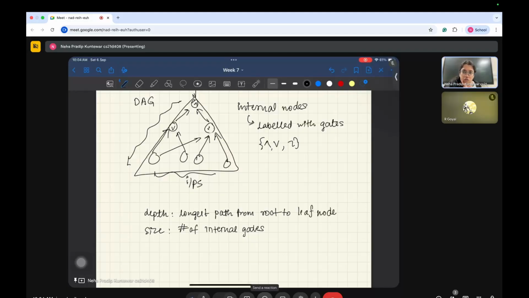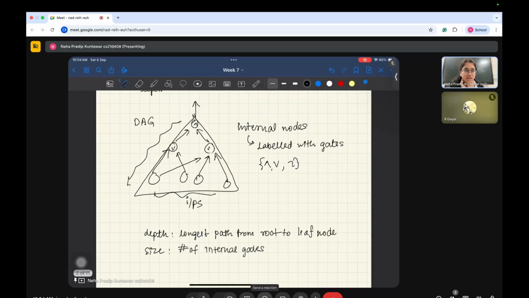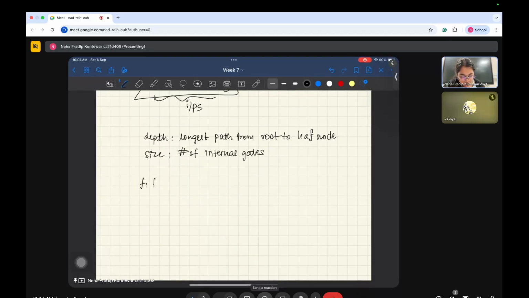Okay, so we know that circuits are a universal model of computation, that is, for any function that we can imagine, any Boolean function, there is a corresponding circuit C that computes f. And one such circuit that we know is the CNF/DNF.